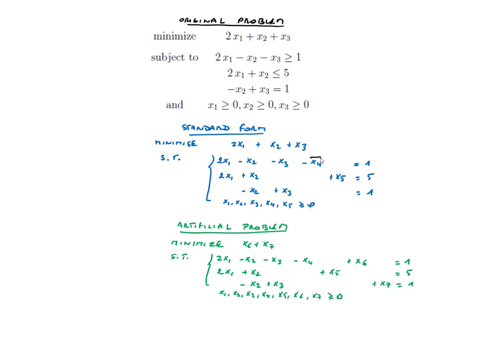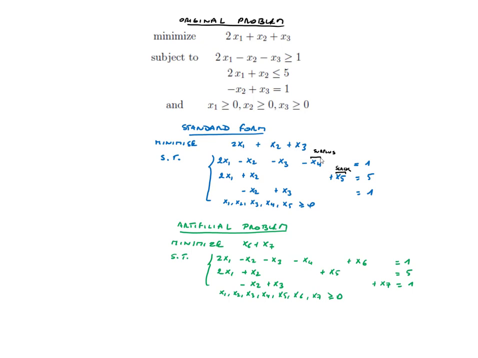In the second inequality we have smaller or equal, so this is a slack variable that is added, and the last constraint is already an equality constraint.